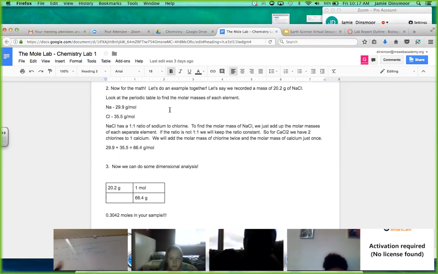To set this up, what I like to do when I'm doing unit conversions is think about all the things I know, all the conversions that I already know. I just erased some of them, but we know that 1 mole is equal to 6.022 times 10 to the 23rd atoms.